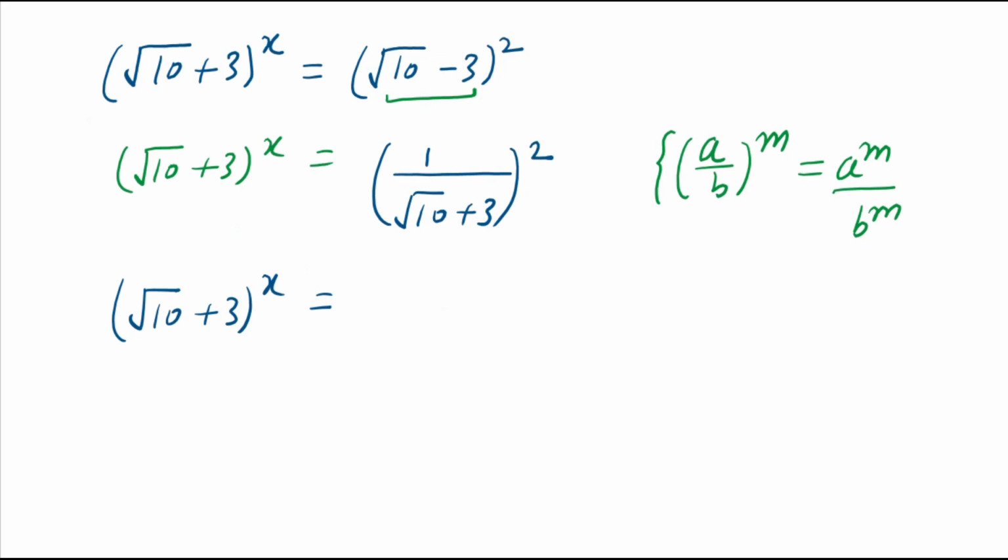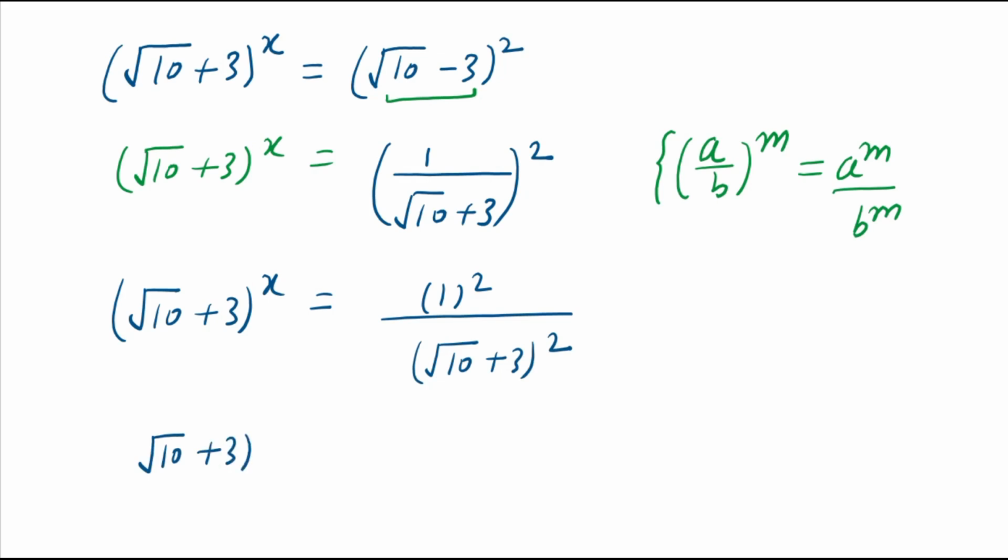If we apply this rule, then 1 squared divided by (square root of 10 plus 3) to the power 2. So (square root of 10 plus 3) to the power x is equal to 1 squared, which is 1, divided by (square root of 10 plus 3) to the power 2.